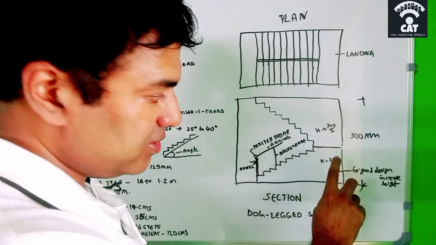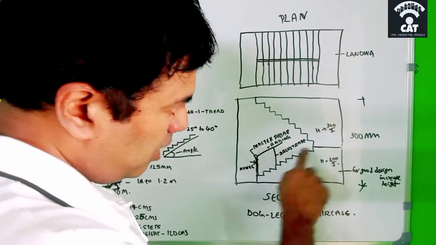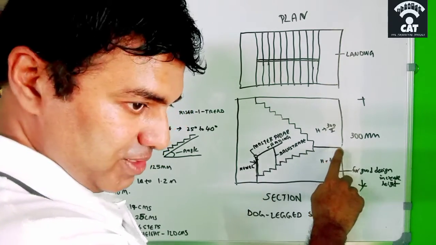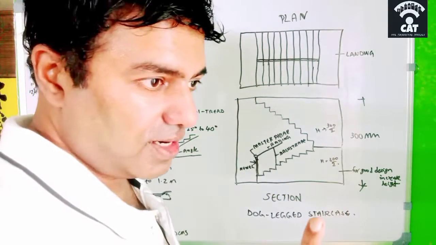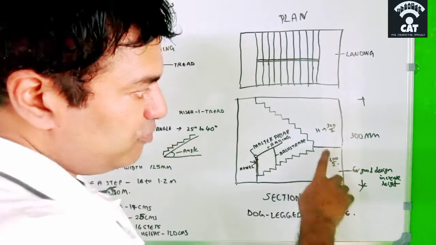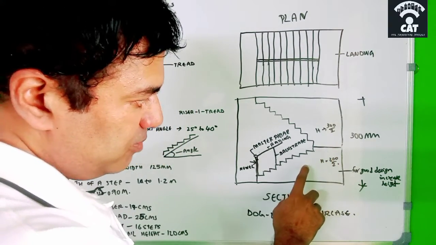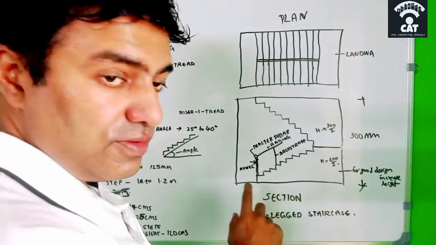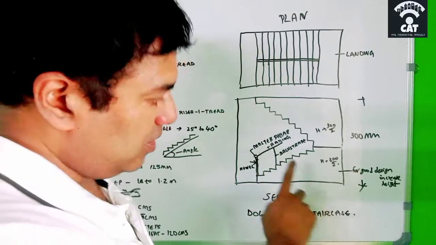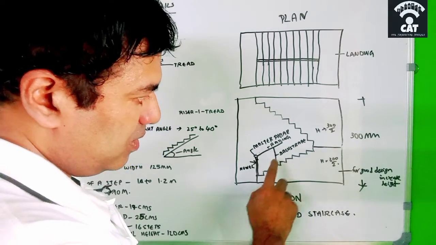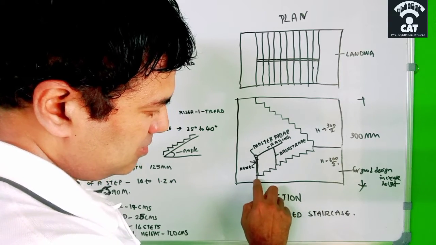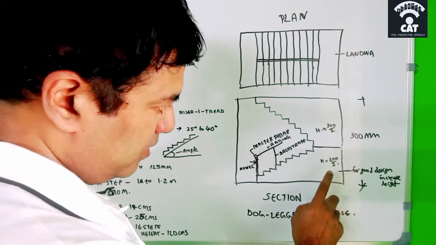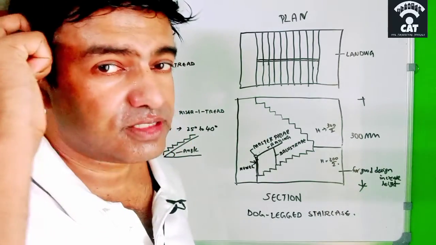And 1.5 meter means from the floor level up to this landing is 1.5 meter. So this 1.5 meter should be divided by one riser. One riser is 15 centimeter. So 150 centimeter, from here to here, divided by the height of one riser, 15, will give the number of risers. 150 by 15 is how much?